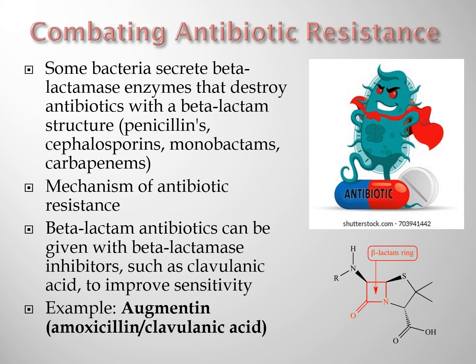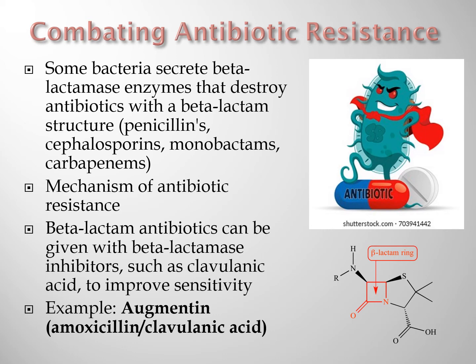Well, when it gets into the bloodstream and gets to the bacteria, it actually is able to block the enzyme beta-lactamase so that it doesn't destroy the amoxicillin. Okay, so you can add chemicals to antibiotics such as clavulanic acid that block the enzyme being produced by the bacteria.